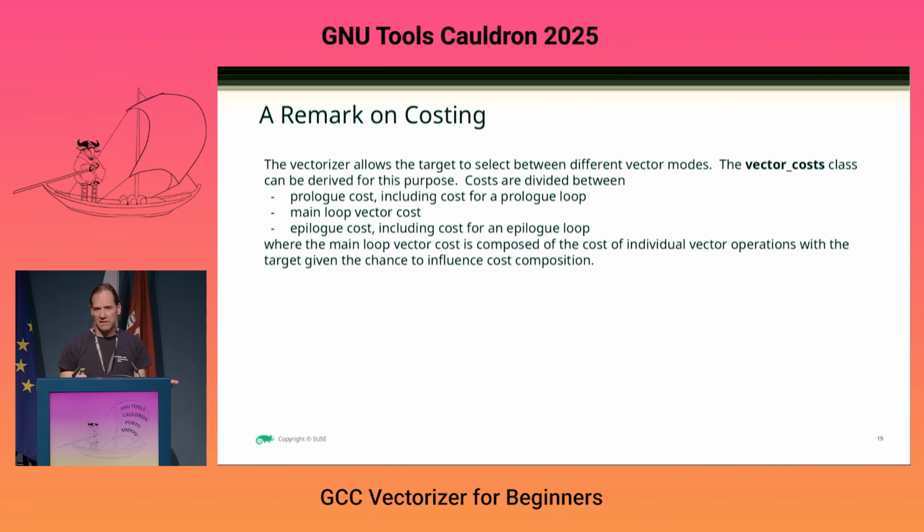It can work as simply as summing over individual vector statement costs, but it can also take into account, for example, that I have a loop with 20 vectorized shifts and only one load, and I only have one shift unit, so that's not going to be fast. So it can do advanced analysis like that. The target does the summing for us, and we rely on the magic number to be bigger or smaller than the scalar loop cost.